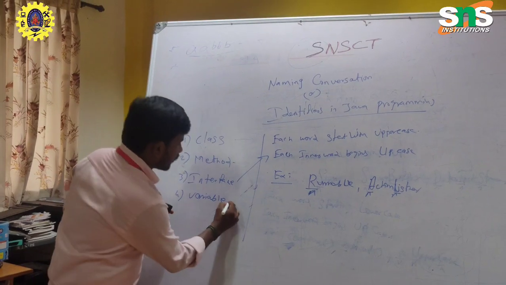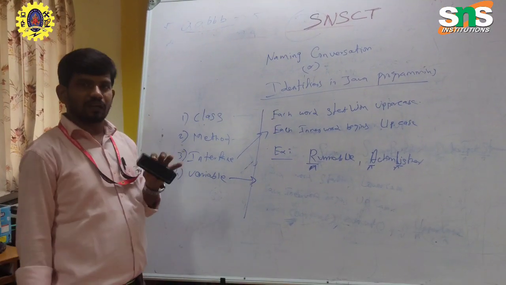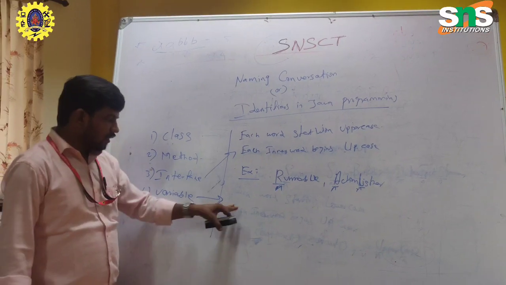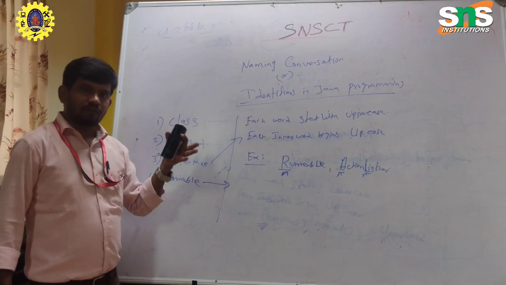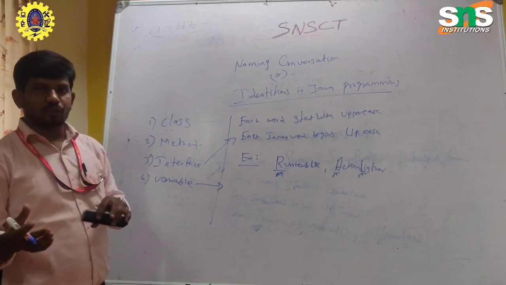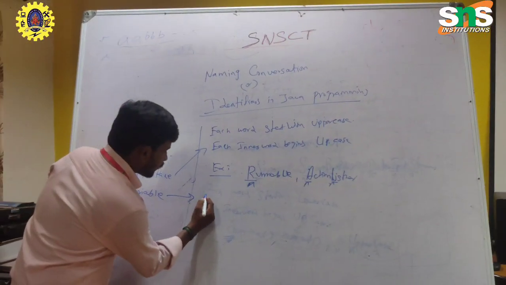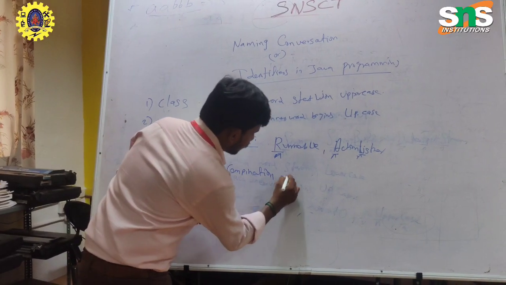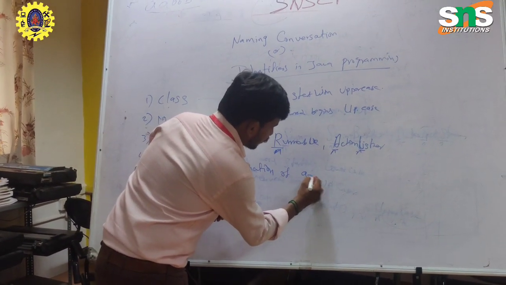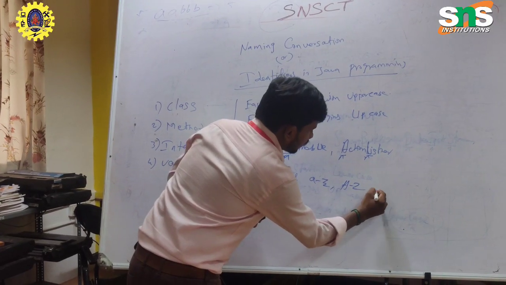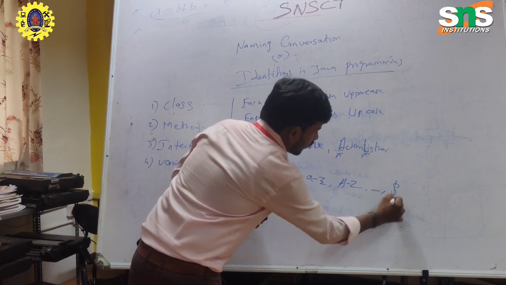Next, the variable. A variable name is a combination of alphabets A to Z and a to z, numerals, underscore, and dollar symbol.